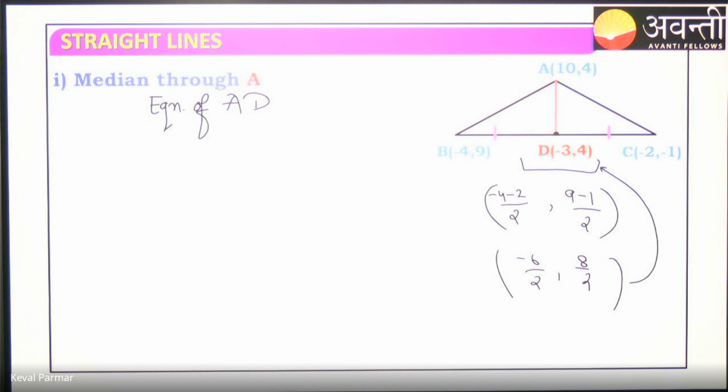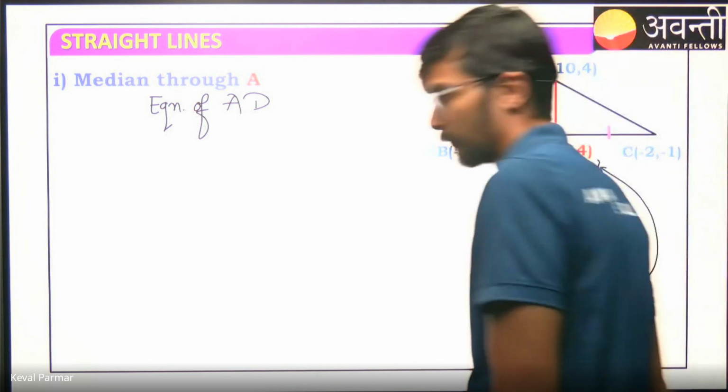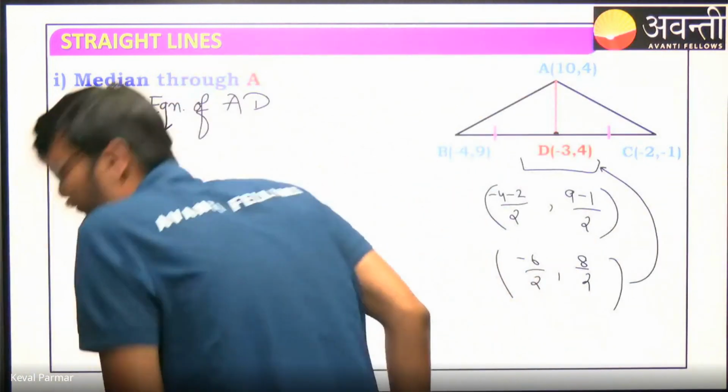Did you all get it? You got the slope. Okay. Then what is the equation? Y equals 4. Superb.